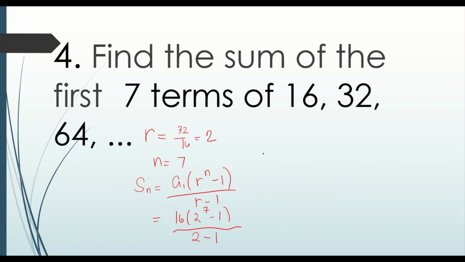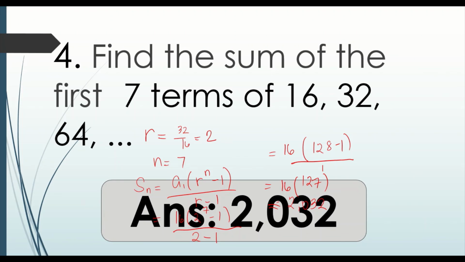Simplifying, 16 times 2 raised to 7 is 128, minus 1, all over 2 minus 1, which is 1. So 16 times 127, we can now remove the 1 since the denominator is 1. 16 times 127 is 2032. So the answer is 2032.